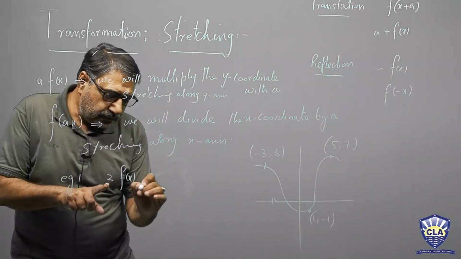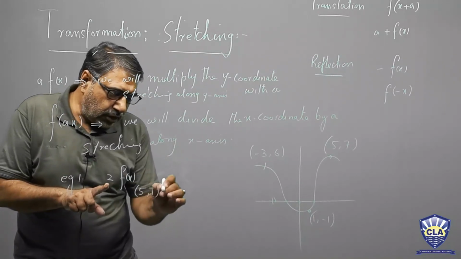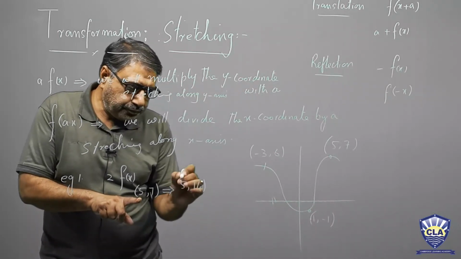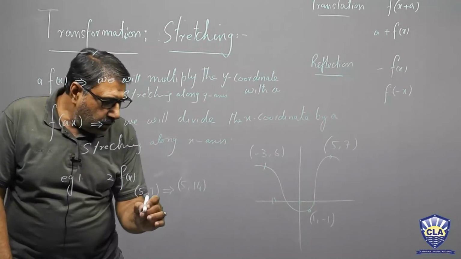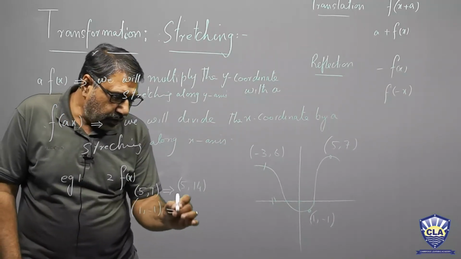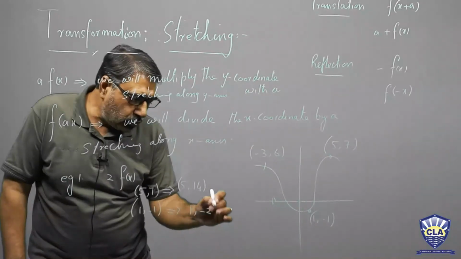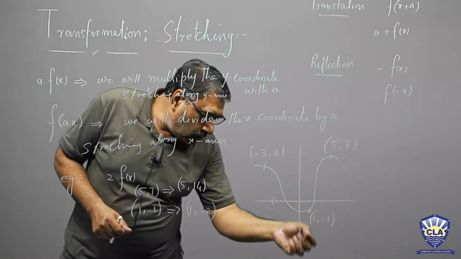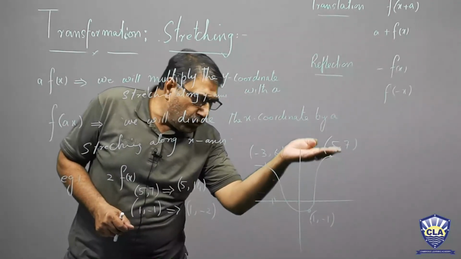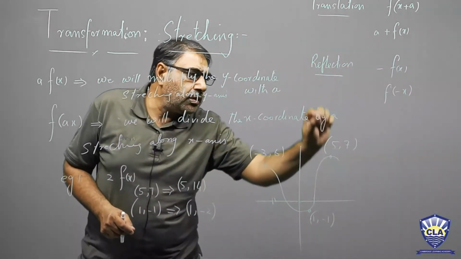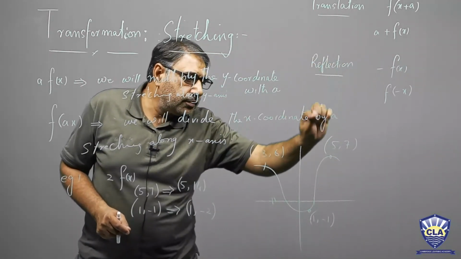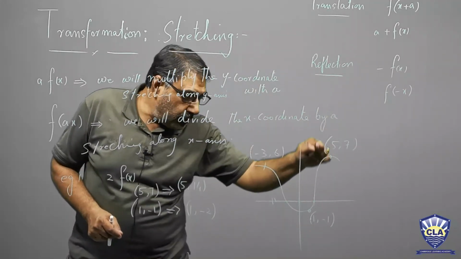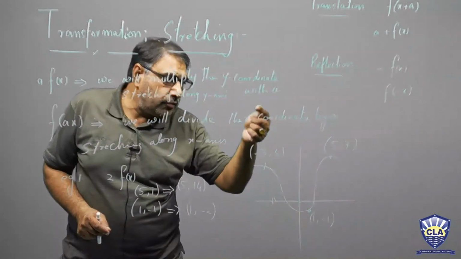So 5, 7 becomes 5, 14 and 1, -1 will become 1, -2. -2, it will move down. 5, 14, double, moves up to this side. It will move up, it will move down, and it will move up again.